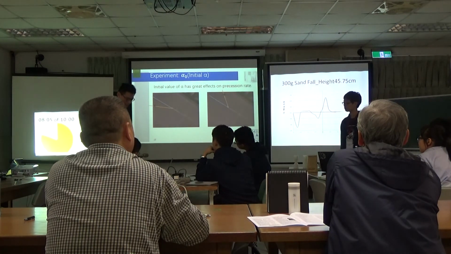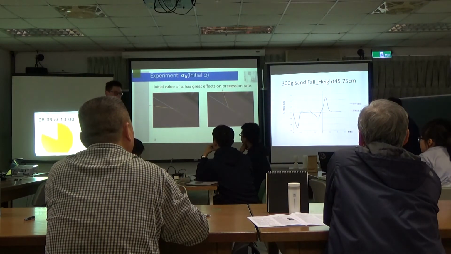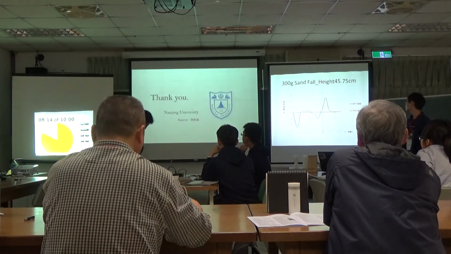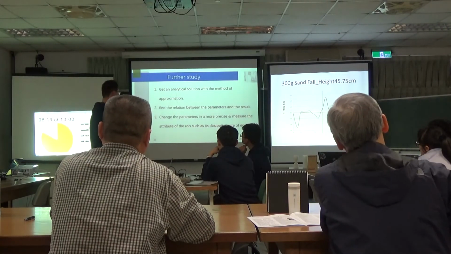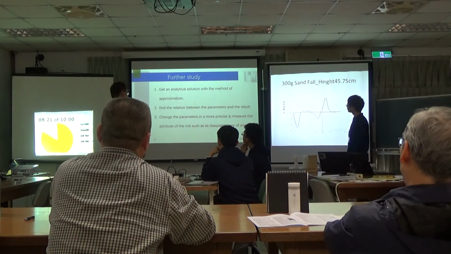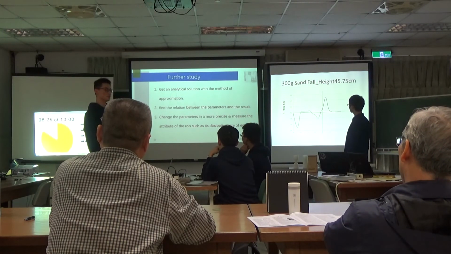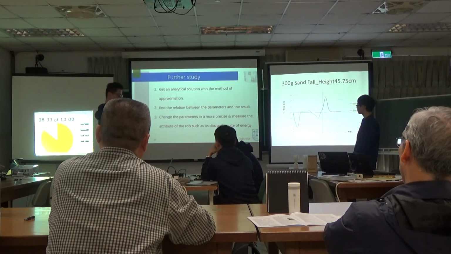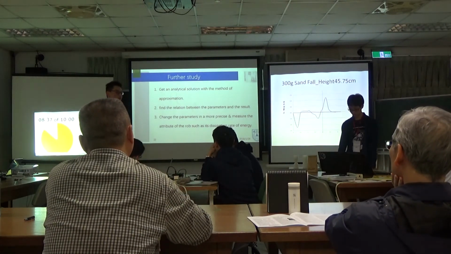But on the next step we try to get an analytical solution and directly get the connection between the parameter and the result, and we think we can make a better device to change this parameter and make a better report.